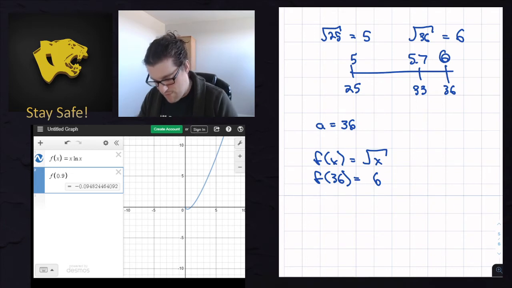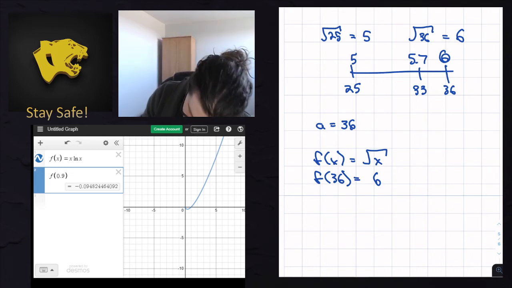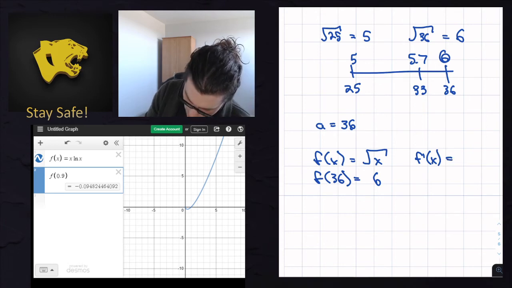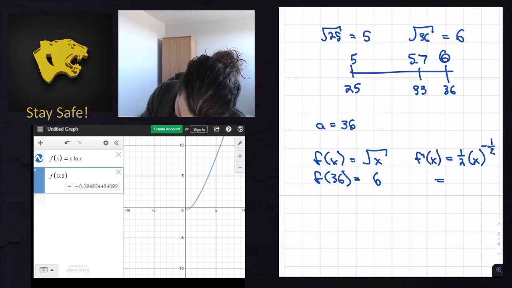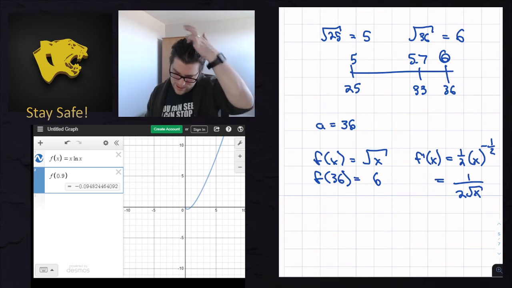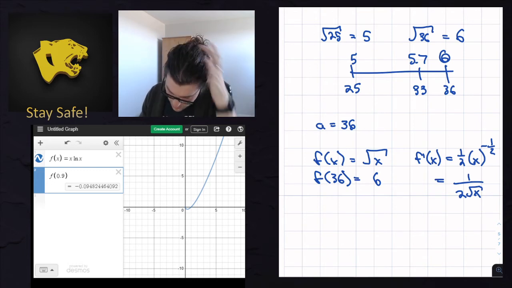So I already have that part down. Now, what is f prime of x? Well, f prime of x, that's like having a power of 1/2, the radical there. So the power comes down. We leave the inside alone, now to the power of negative 1/2, which is 1 over 2 root x. I'm going to write it like that. It's a little easier to think about when you're plugging a number in.